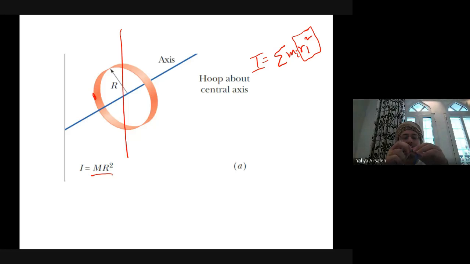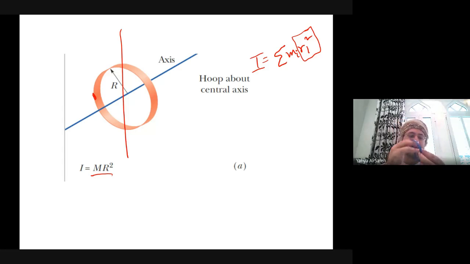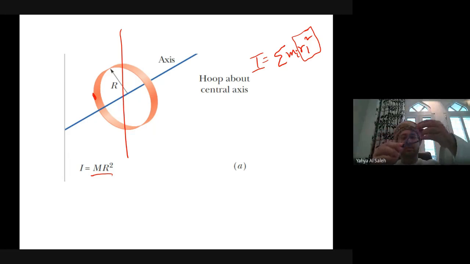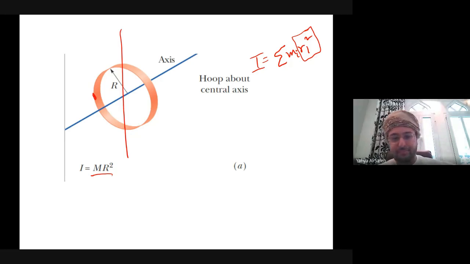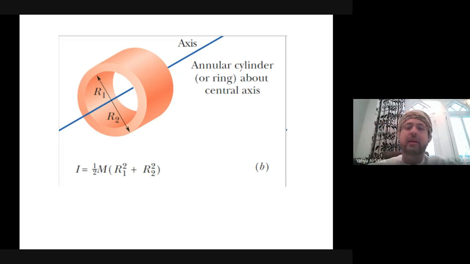I have no idea why I have a balloon on my table, but so be it. If I rotate the balloon this way, its axis of rotation is in the middle like this. On the other hand, if I rotate it this way, then its axis of rotation is no longer in the x-axis, it's now in the y-axis. So my r's are going to change. Same thing, but with a thick ring, you end up with half m times r1 squared plus r2 squared.